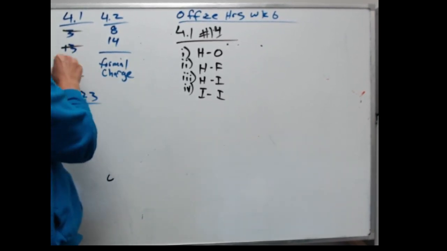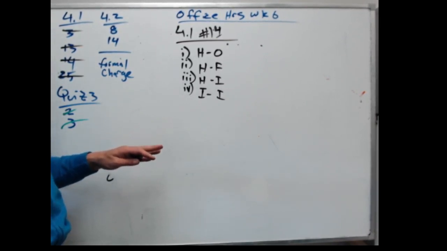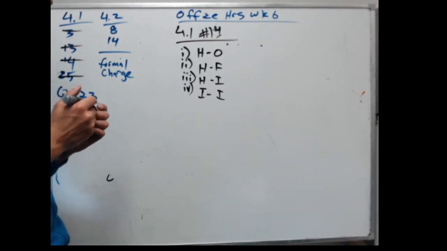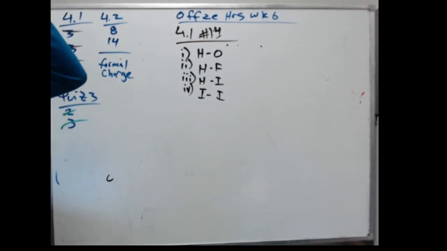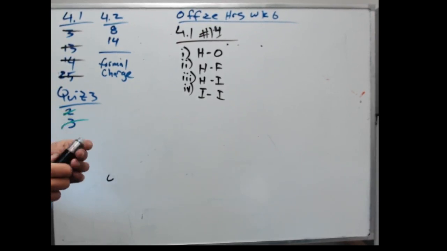Does anyone want to see 25 on 4.1? Okay. HF, let me think about this. HCl is stronger, HI, HF, HO, HO is weaker. Usually increasing electronegativity increases acidic strength.